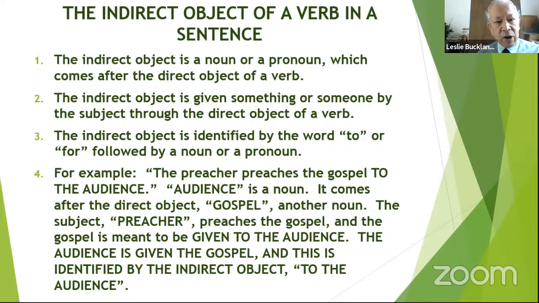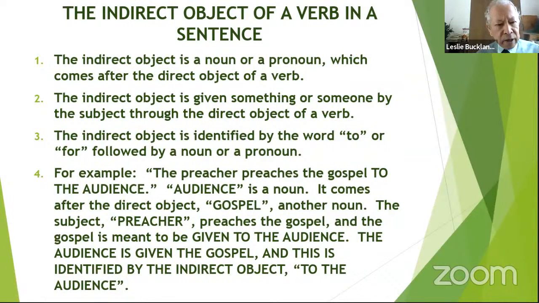The indirect object is given something or someone by the subject through the direct object of a verb. The indirect object is identified by the word to or for, followed by a noun or a pronoun. So you can recognize the indirect object because it is introduced by the word to or the word for.